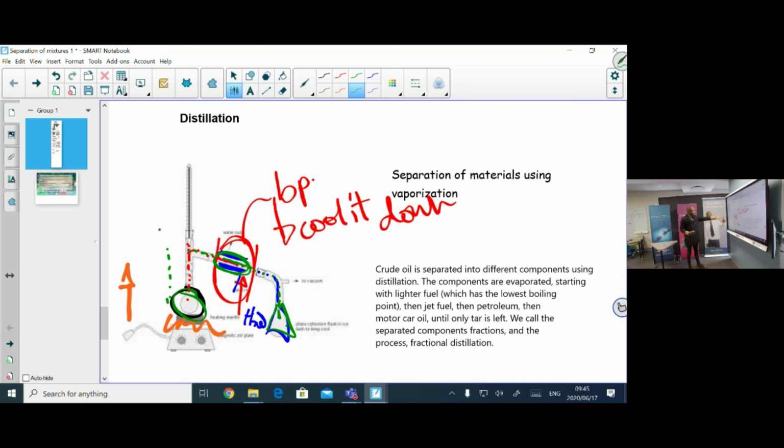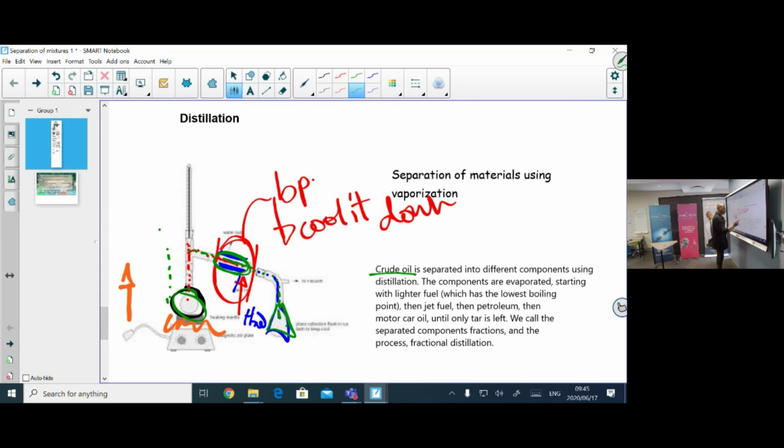And that's distillation, right? And distillation is used in a great number of ways in industry. An example being crude oil. Crude oil is collected as a natural resource, and from it we use distillation to get a range of fuels that are used in different ways, in different components.